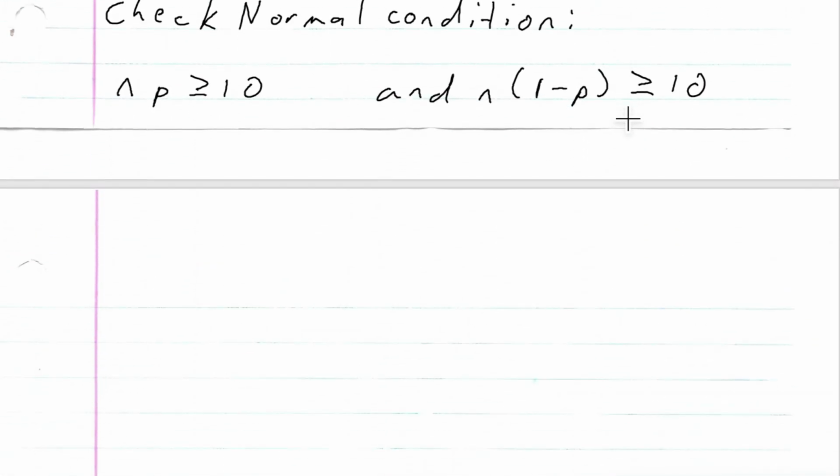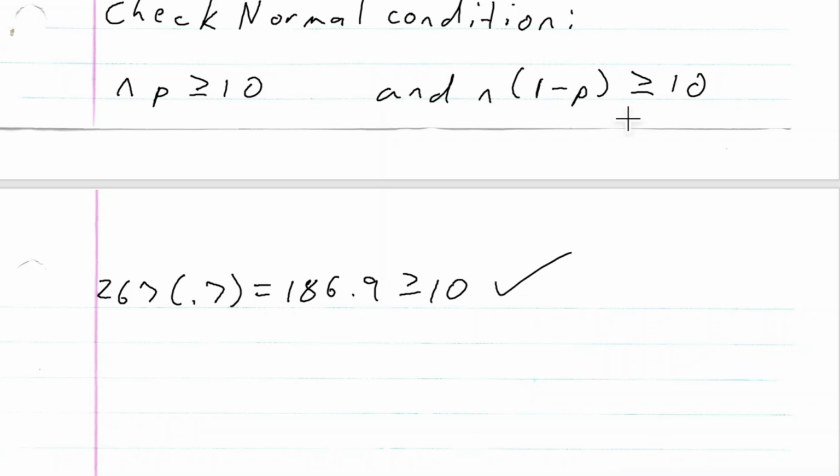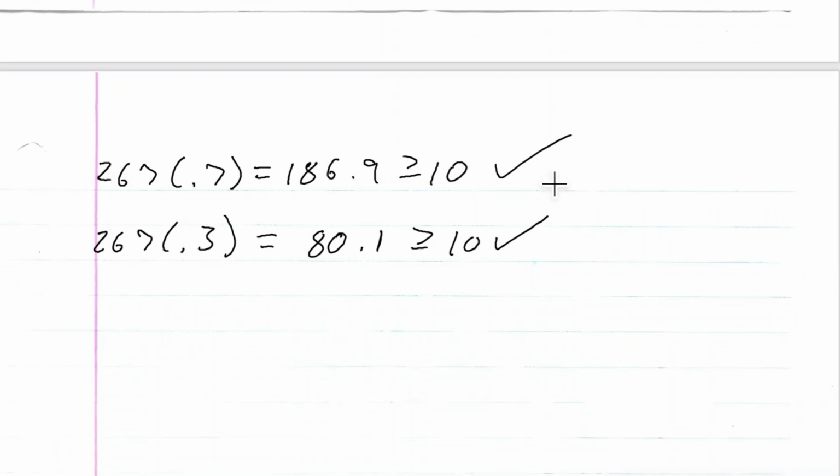So let's do n times p: 267 times 0.7 gives us 186.9, which is bigger than or equal to 10. Now the other one: 267 times 0.3 gives us 80.1, which is definitely bigger than 10. So the normal condition is satisfied.